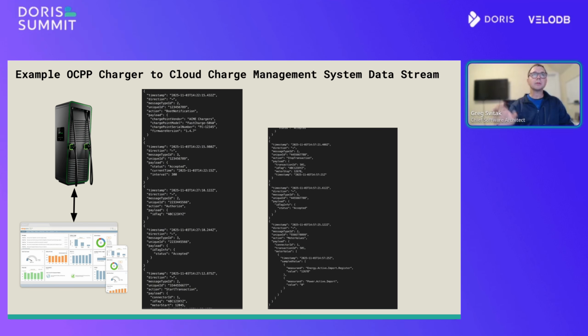And then problem number two, let's talk about when the charger communicates to the cloud-based charge management system via OCPP, which is the protocol. As you can see, this is another sample data set. The nice thing about OCPP is it's a standard, and so it's all JSON based.